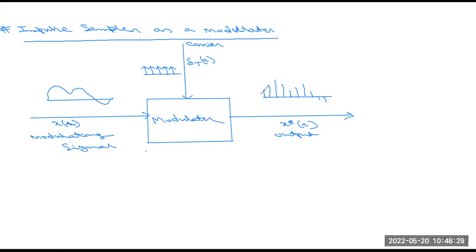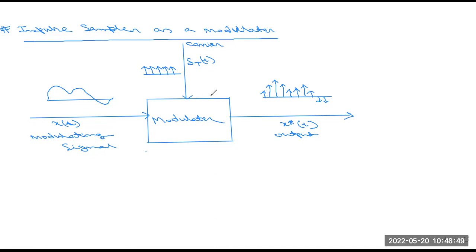This is the peak value, and this is the negative region. So this is the particular output of the modulator signal.